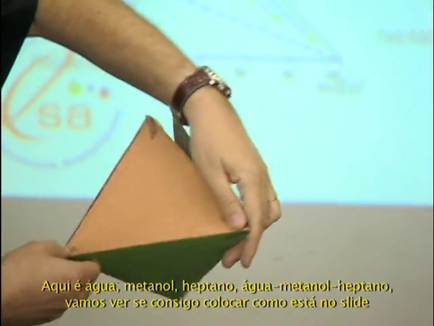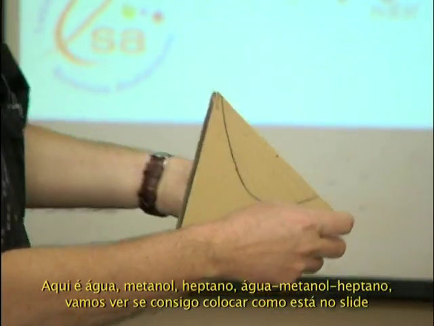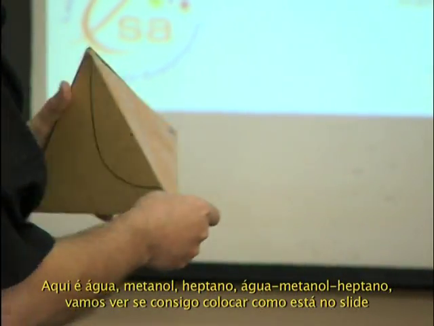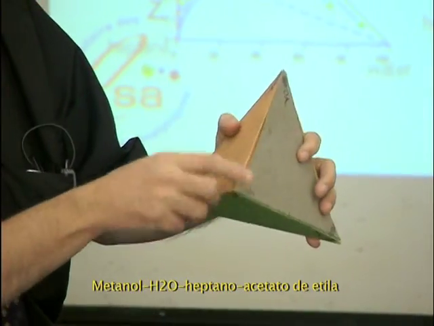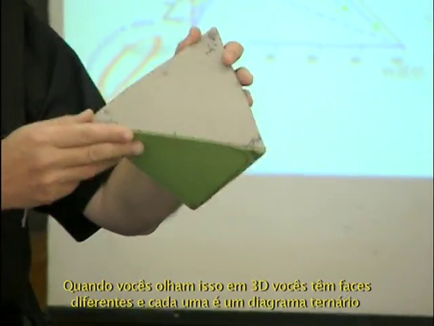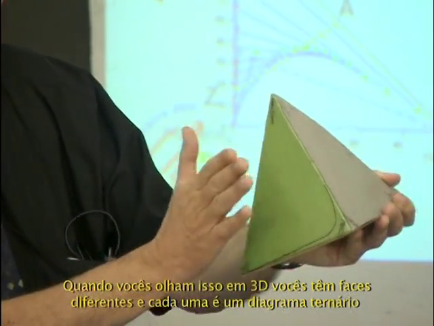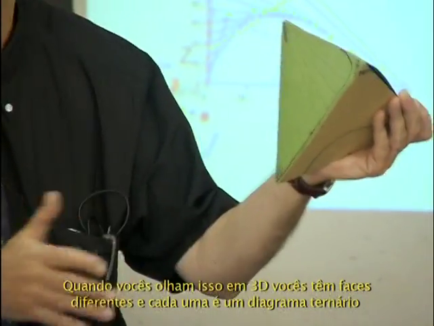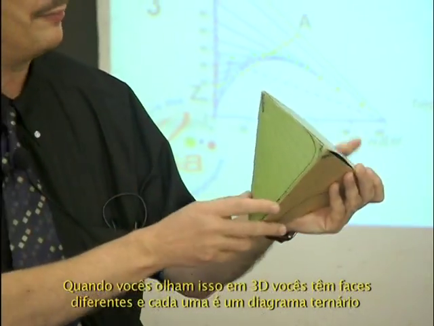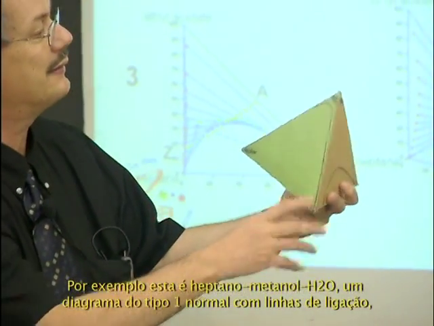Damn, I will not be able to put it like I put it on the slide. Methanol, water, heptane, ethyl acetate. When you look at this in 3D, you have different phases, and all are one ternary diagram.